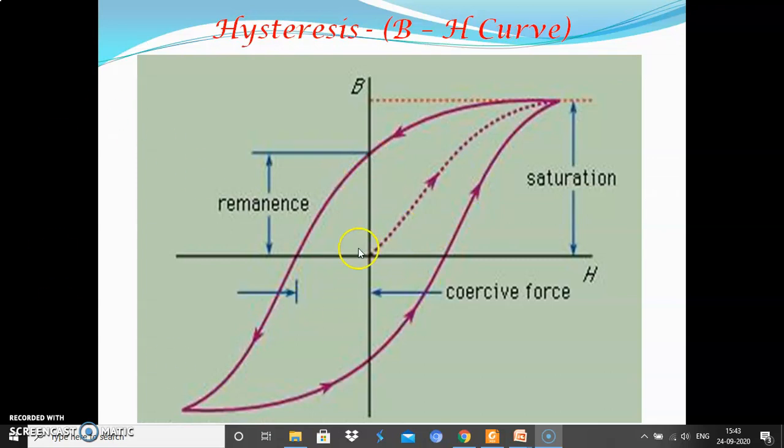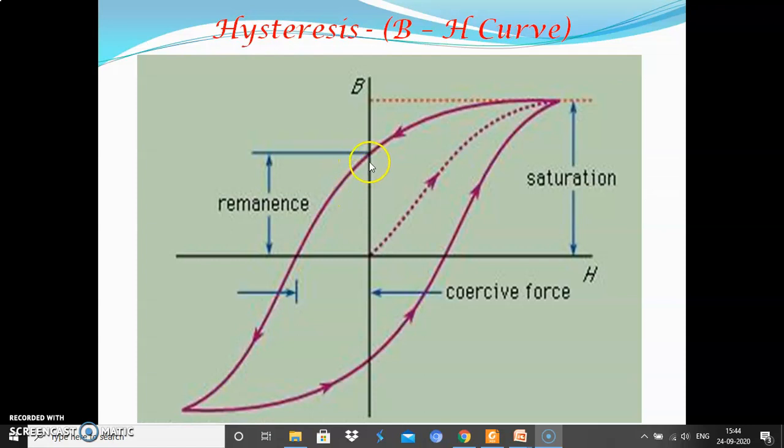Next one, we should know what coercivity is. To reduce the retentivity from this value to 0, we need to apply a magnetic field in the reverse direction. This reverse direction magnetic field, this HC, is called coercivity. What is coercivity?